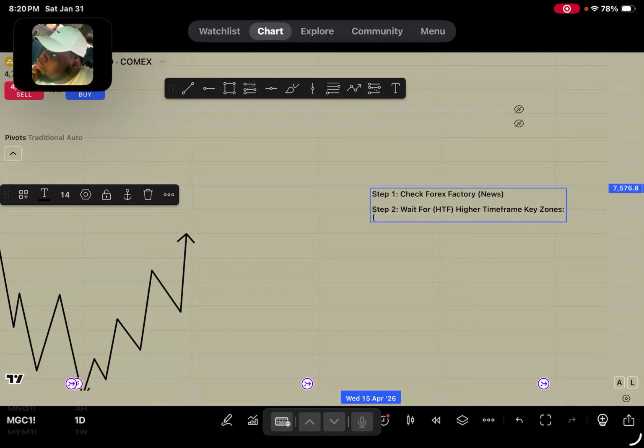Where your key zones are external, which is your higher highs, lower low, previous day.